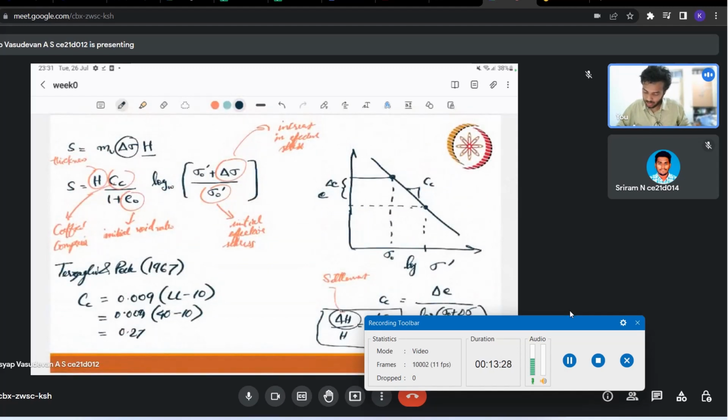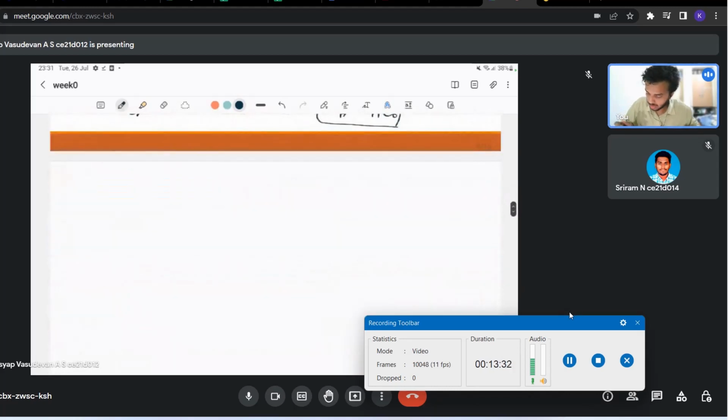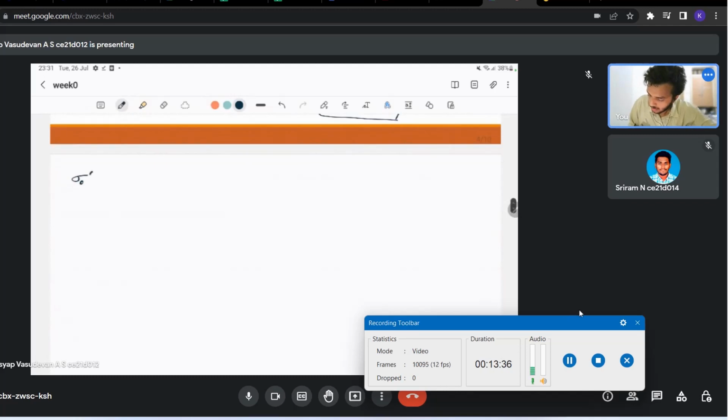But we have to arrive at our delta sigma and sigma naught. So let us find the initial effective stress. As we told before, before the fill was added, we had the water table at 2 meters, and till 6 meters we had silt.